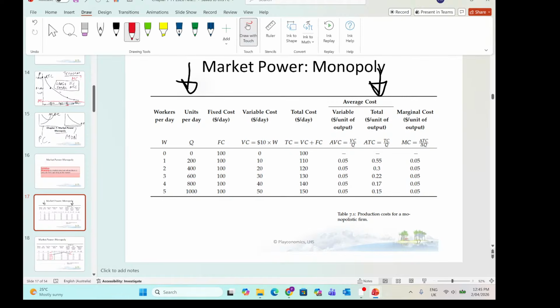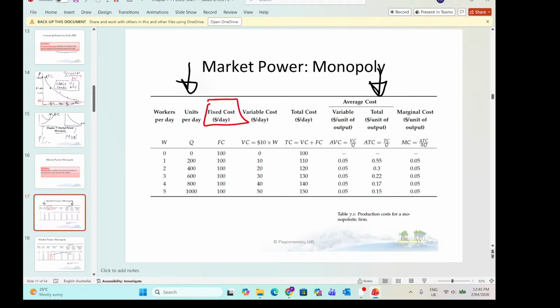And the reason is that this fixed input probably has a capacity of thousands, not 1,000. It may have a capacity of 5,000 or 20,000. So as we keep adding workers, each extra worker simply adds the same 200 units.